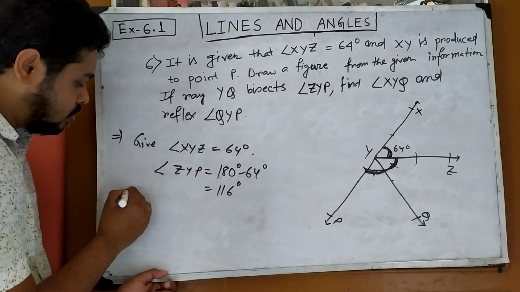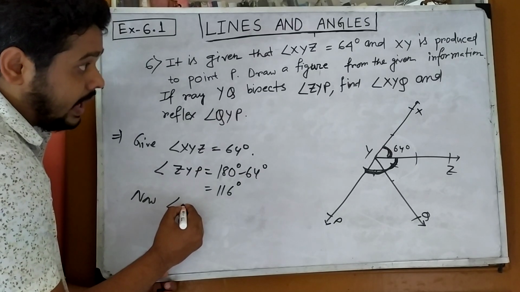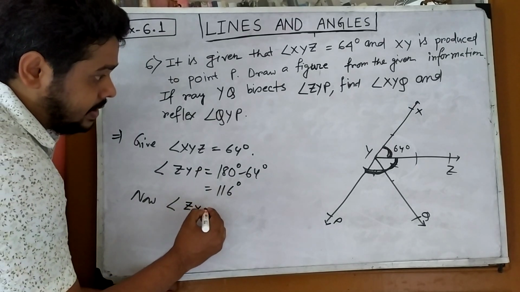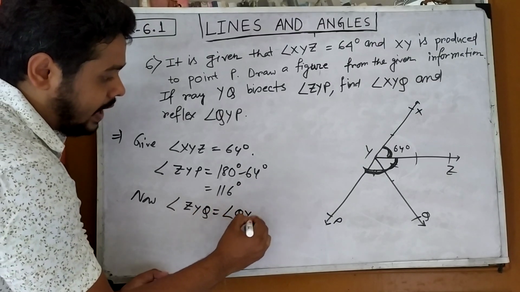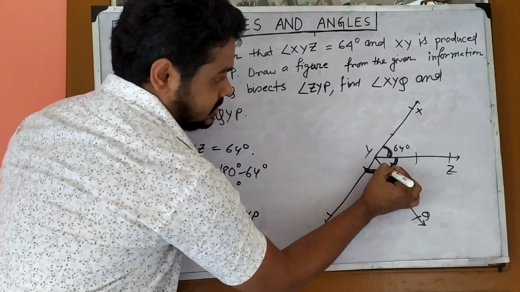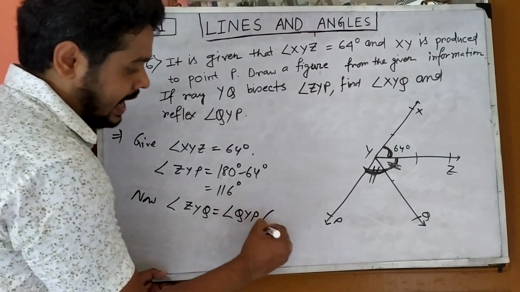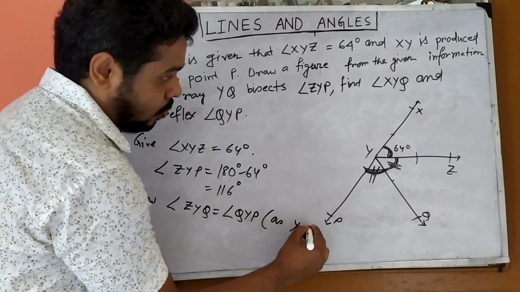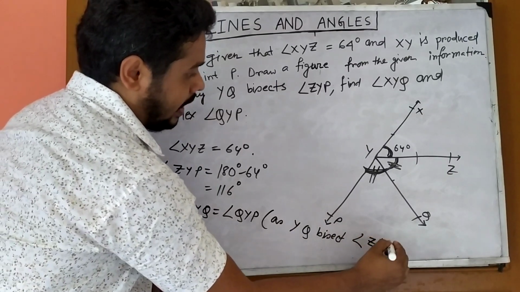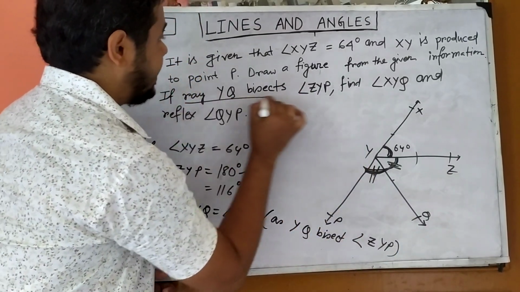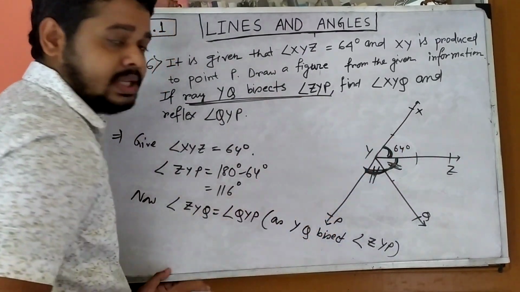Now according to the question, angle ZYQ equals angle QYP, as YQ bisects angle ZYP. It is given that YQ bisects angle ZYP, so this one and this one are equal.